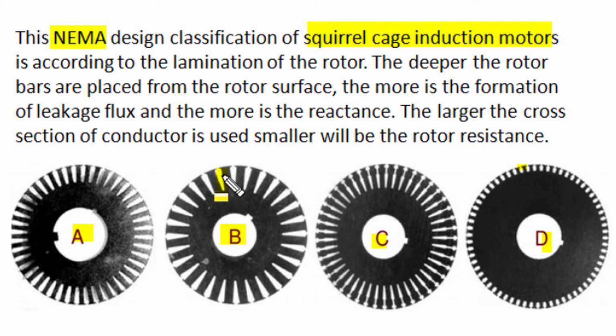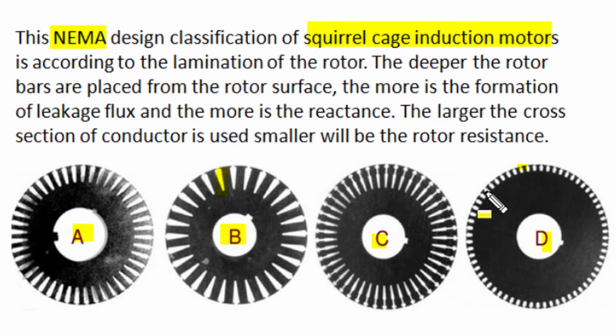A deeper bar conductor has a higher amount of leakage flux and higher leakage reactance, whereas narrow slots near the periphery have a small amount of leakage flux and leakage reactance, and this leakage reactance decides the maximum torque capability of the motor, the slip of maximum torque and the operating power factor of our induction motor.